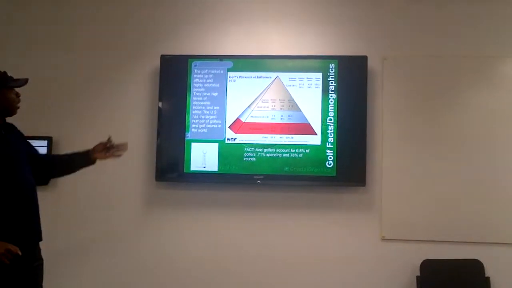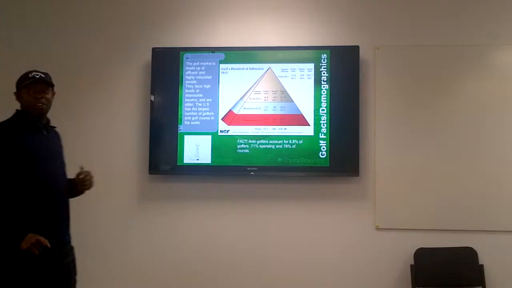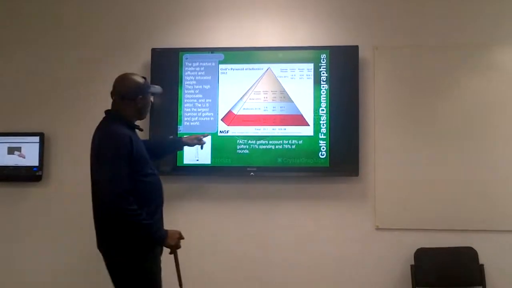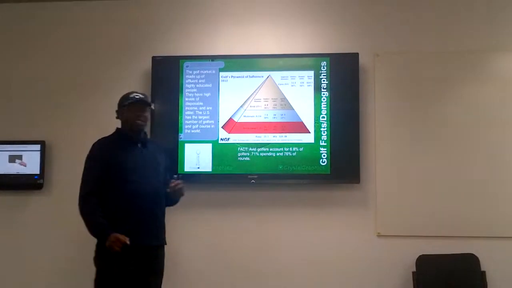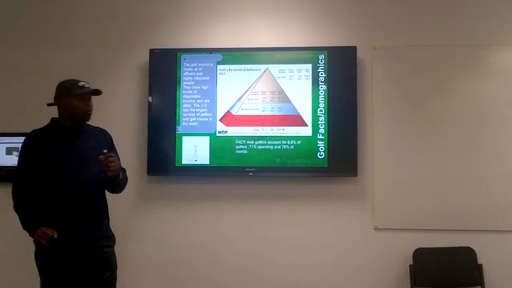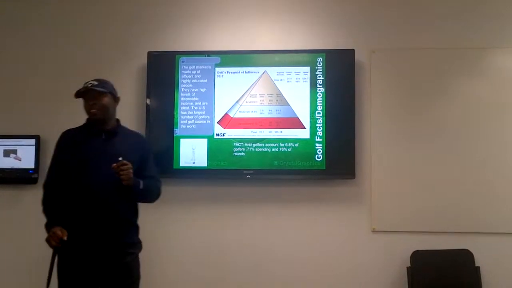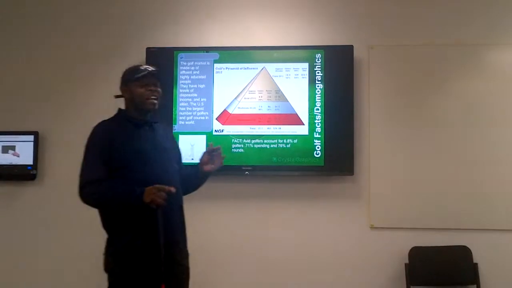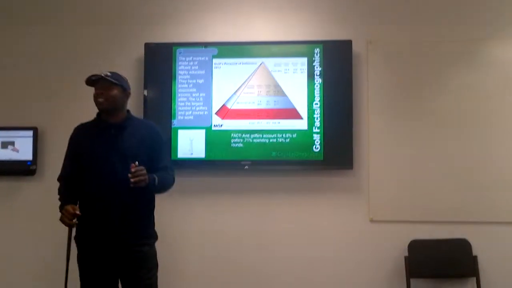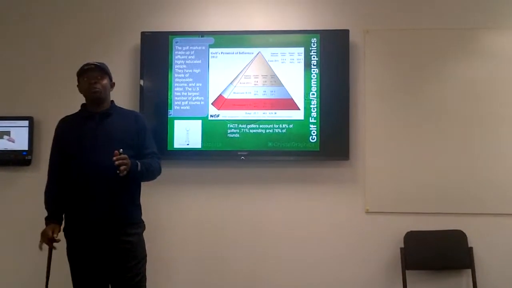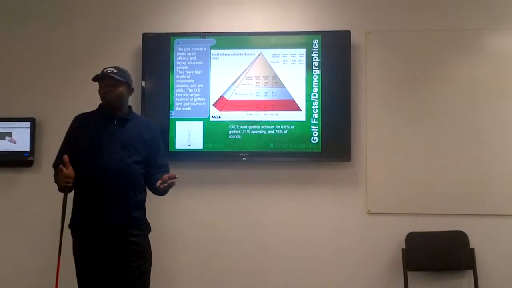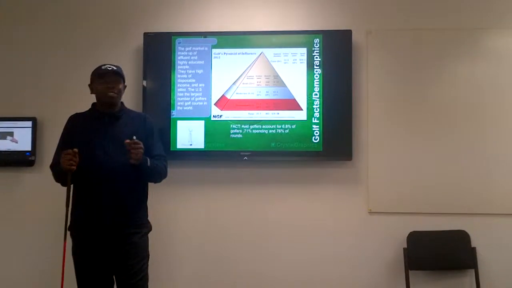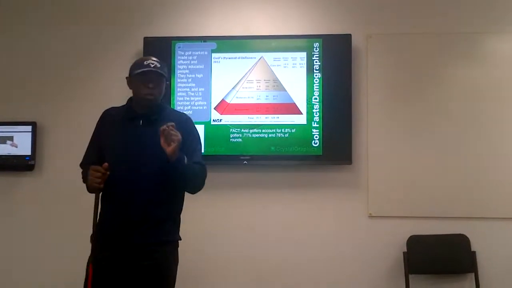Taking a look at what we have here, the golf pyramid of influence. Avid golfers account for 6.8% of golfers generally, and they account for 71% of spending. So with all of the hullabaloo about golf, those that actually do the spending are just a very little core.